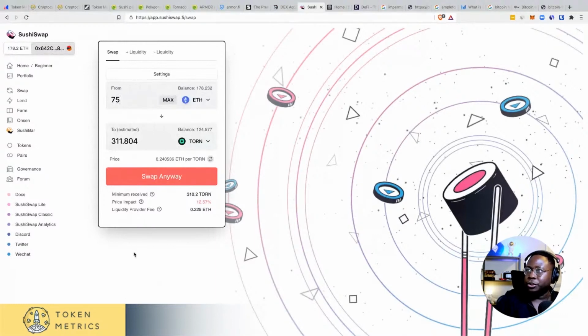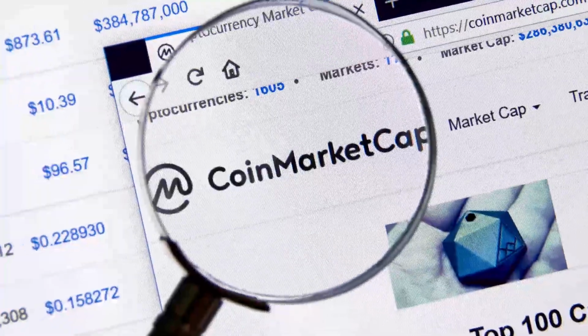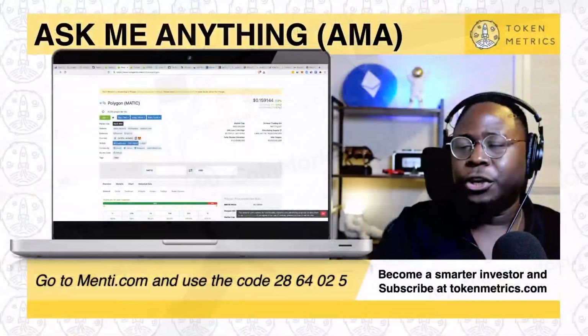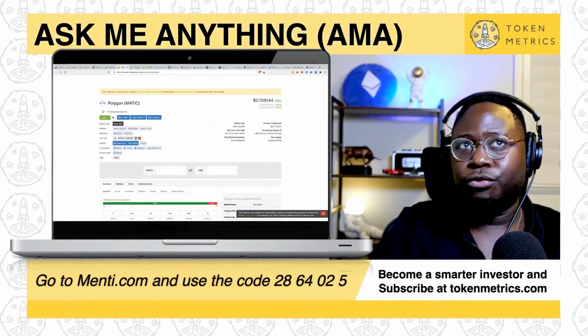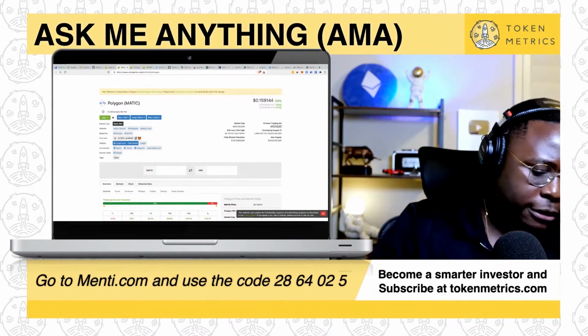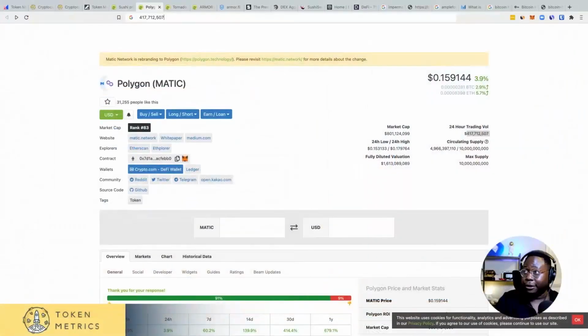But the calculation I like to use for the liquidity ratio is taking the 24-hour trading volume and the market cap. This basically tells you what the market thinks now. Looking at Polygon, it has a trading volume of 417 million in the last 24 hours, which is actually a lot.